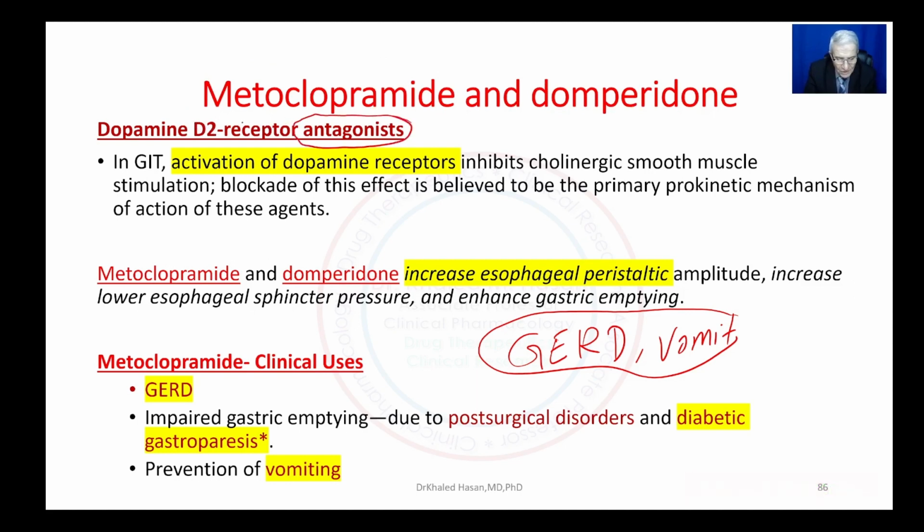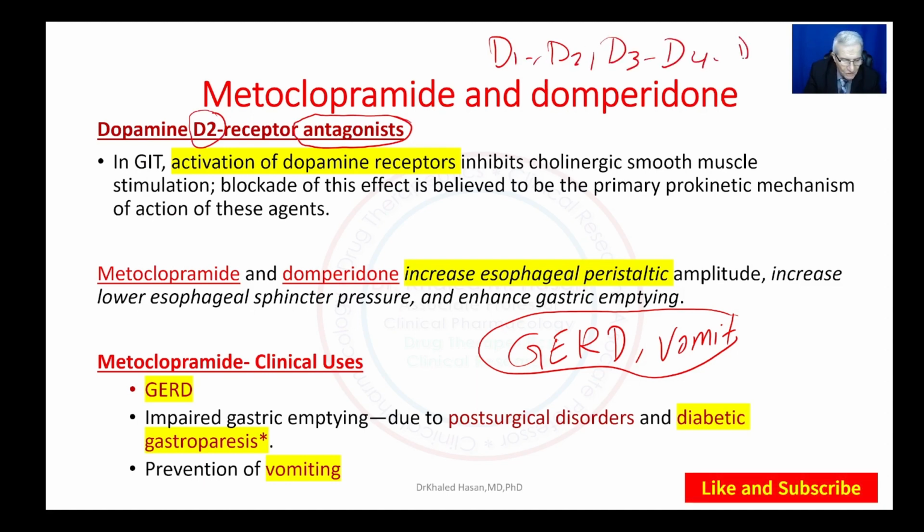To be more precise, dopamine D2 receptor antagonists, because we have D1, D2, D3, D4, and D5 receptors. So we have five types of dopamine receptor. Metoclopramide and domperidone block the D2 receptor. So what happens there?